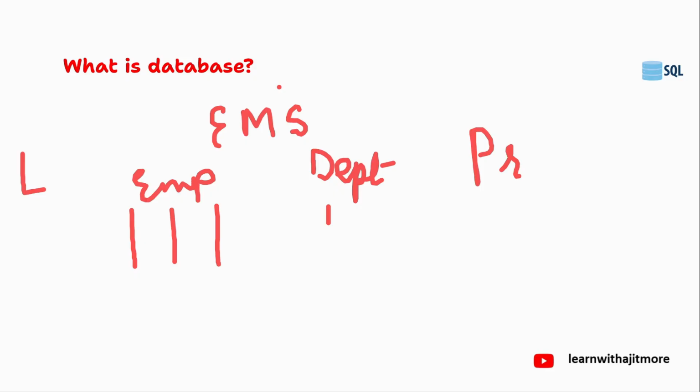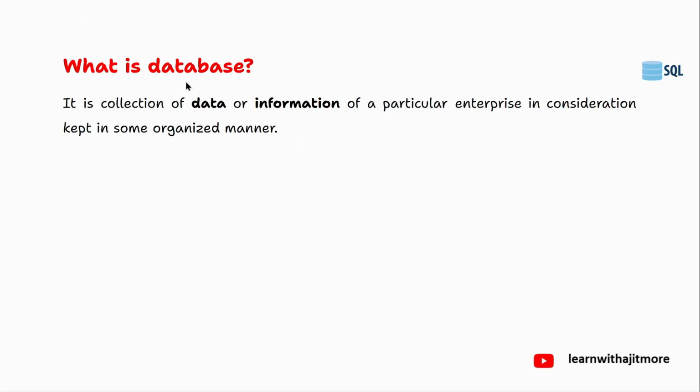So data about any organization kept in a systematic, organized manner, we will call a database. I hope you're understanding. So it is a collection of data or information. See, here I've used data and information interchangeably. When it is useful, I'll call it information.